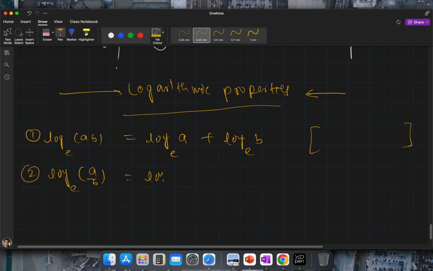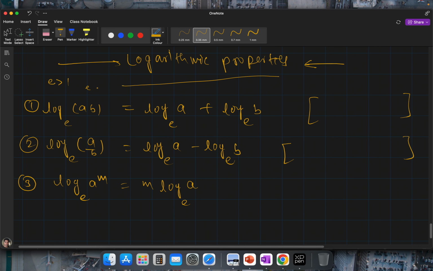So I can use this property when this base is always positive. But since here e is always greater than 1, this value is lying in between 2 to 3. So there is no problem here.